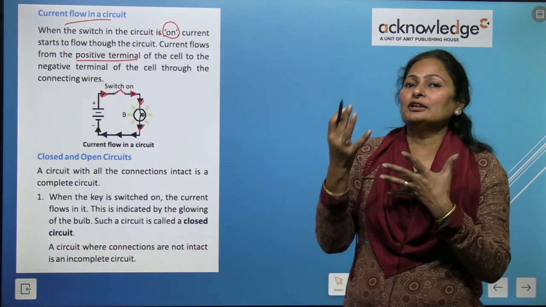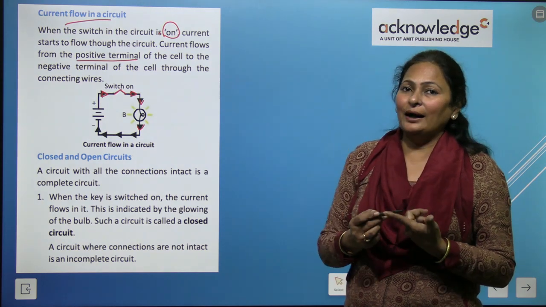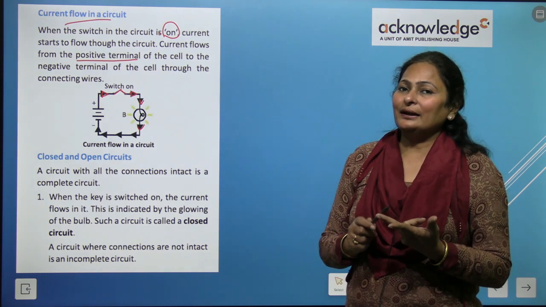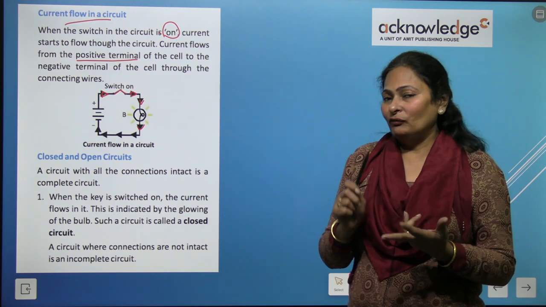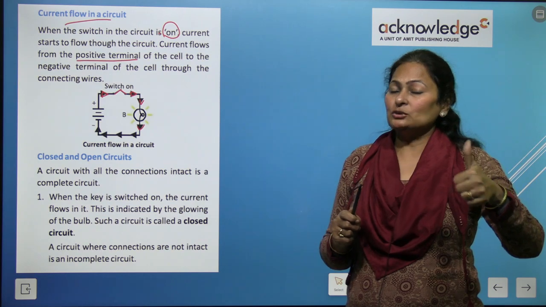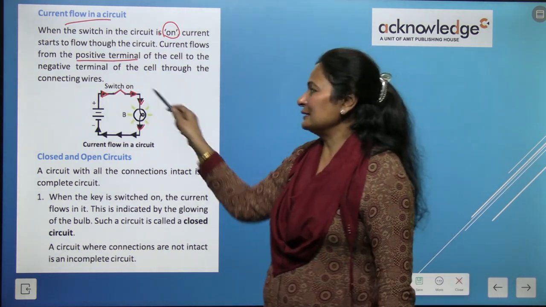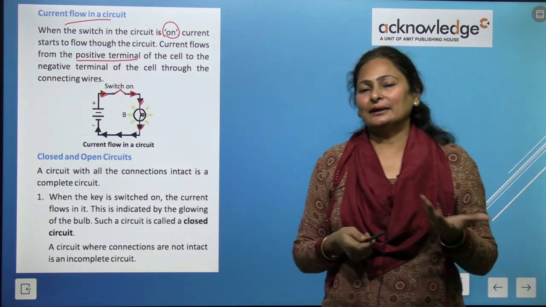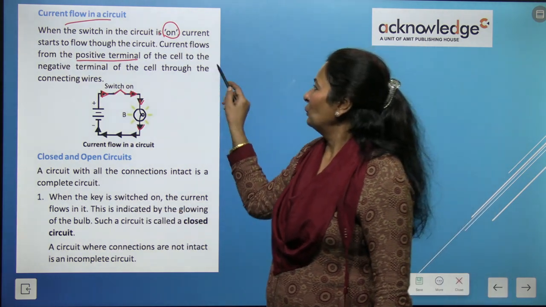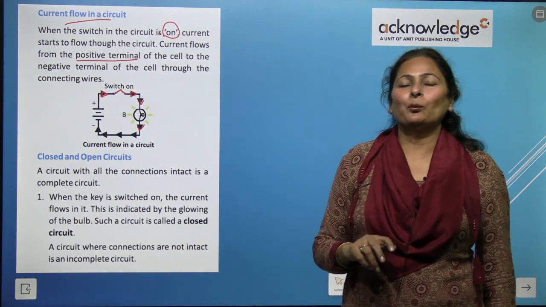Current always flows from the positive terminal to the negative terminal. When you press the switch on button, the circuit is completed and the current flows from the cell to the negative terminal of the cell through the connecting wires.